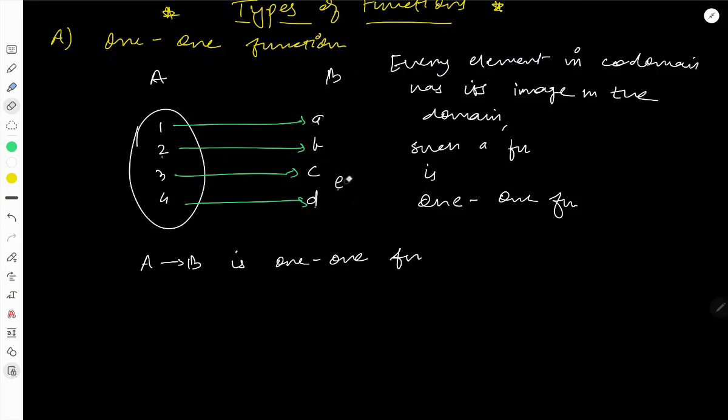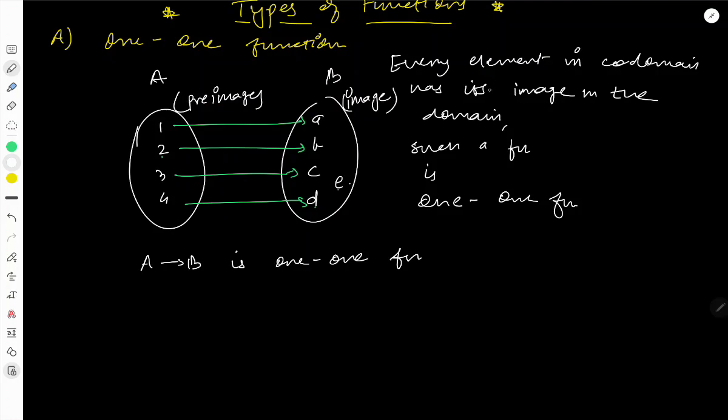We can state it mathematically like this: it does not have a pre-image. Every image must have a pre-image. The image is over here and the pre-image is over here.